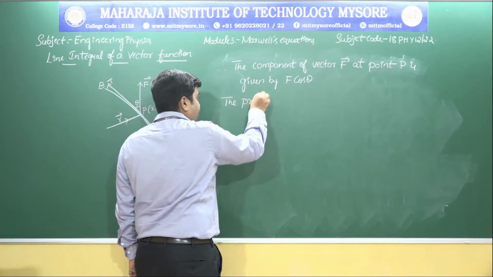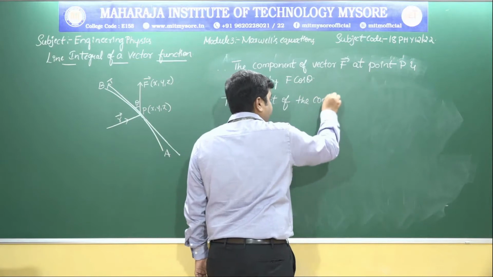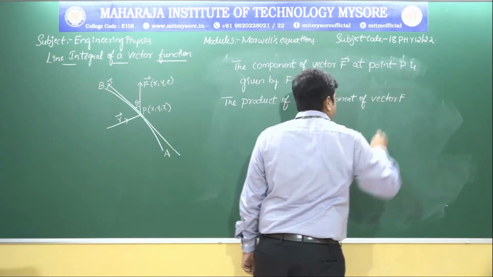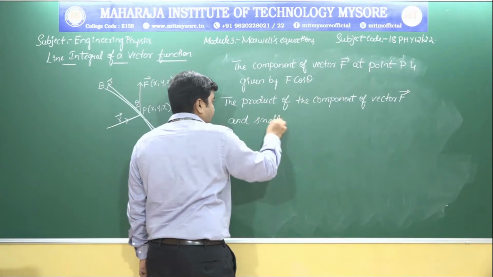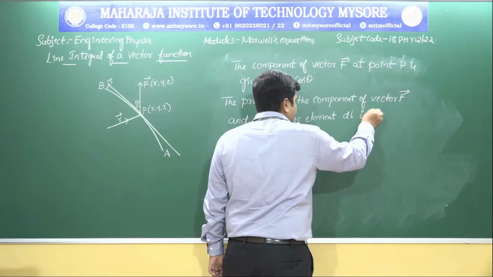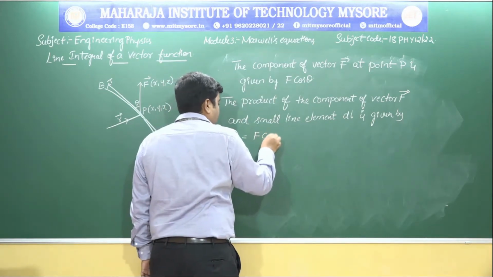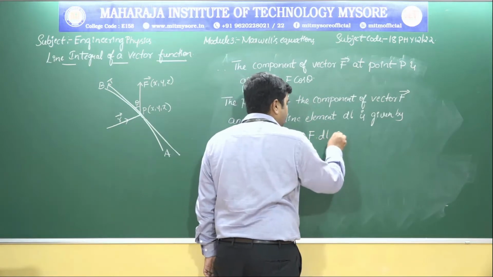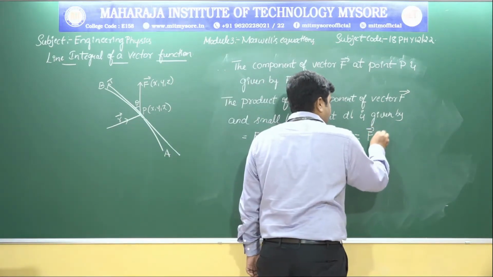The product of the component of vector f and the small line element dl is given by f cos theta into dl, that is equal to f dl cos theta, or it can also be written as vector f dot vector dl.